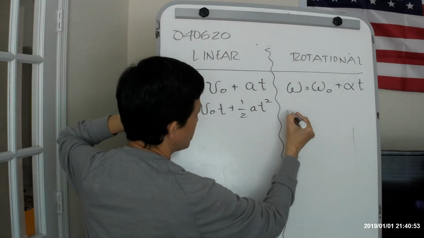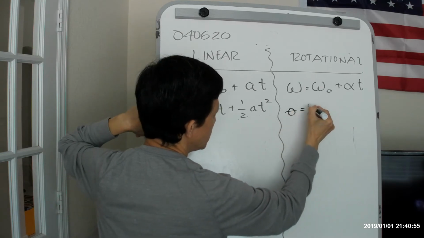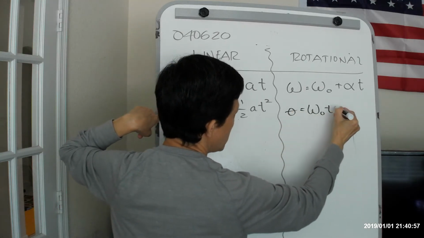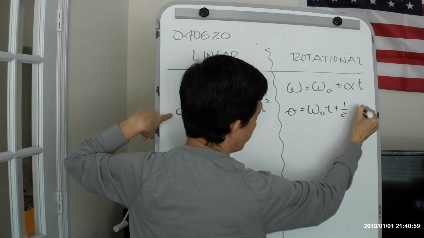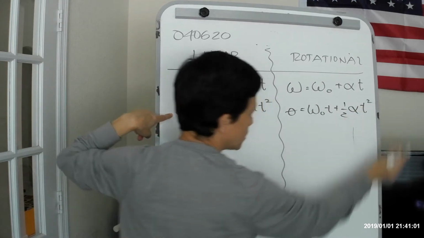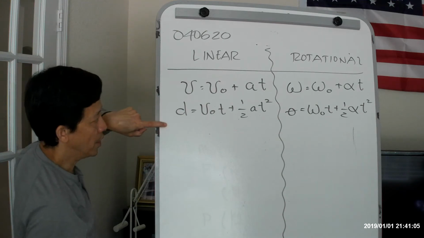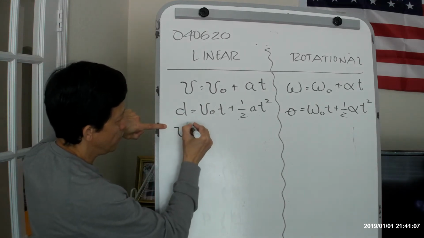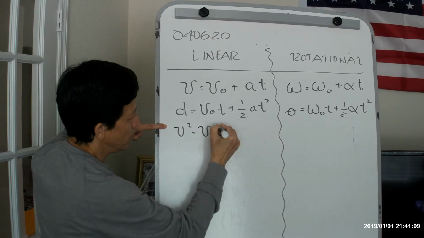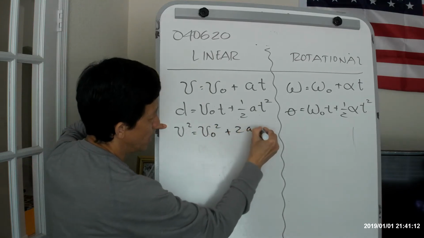So this one: theta = omega naught t plus 1/2 alpha t squared. Then equation 3: v squared = v naught squared plus 2ad.